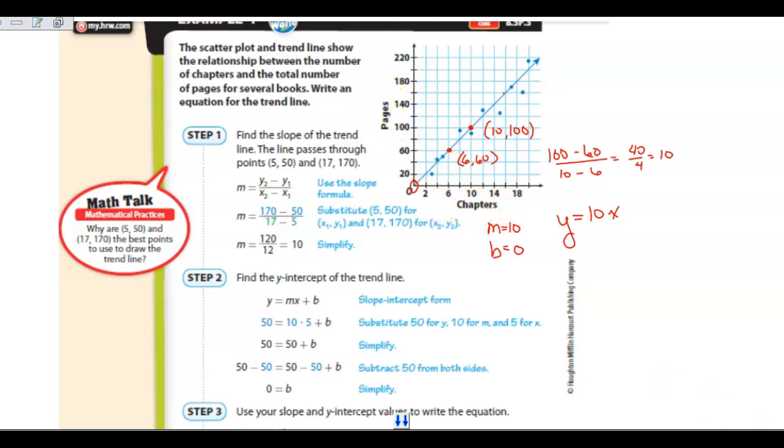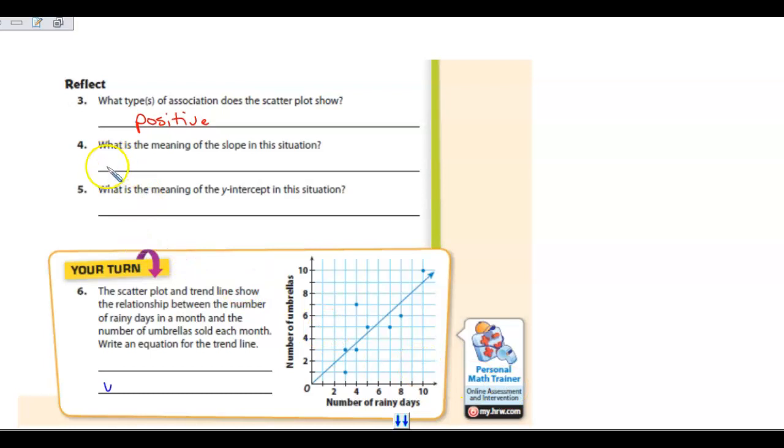Yeah, so that's what it means. The more chapters, the more pages. So the more pages to expect.